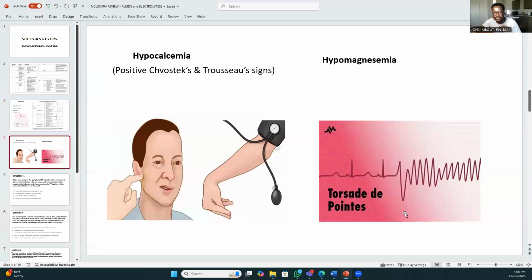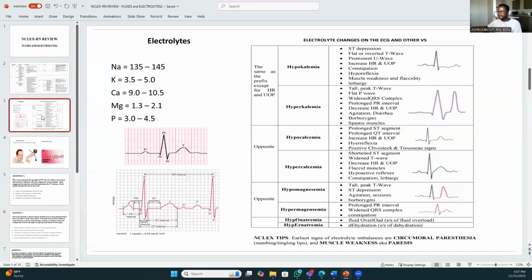In NCLEX, they always ask on this. If you don't want to know anything, know this. It looks like this, some type of ECG change. This is an effect of hypomagnesemia. I want you to know that.